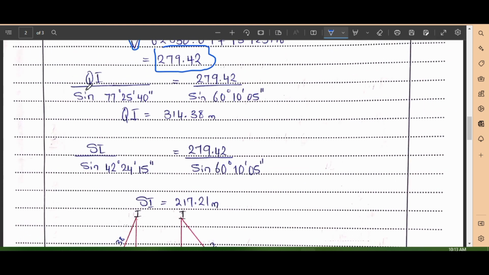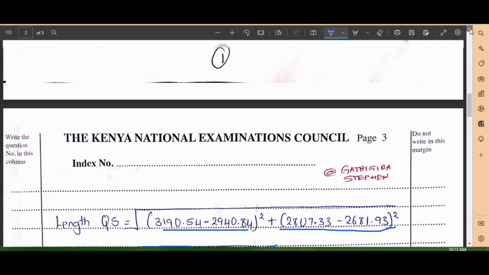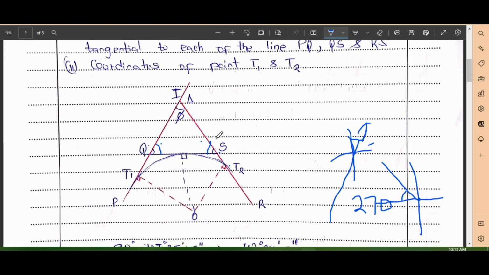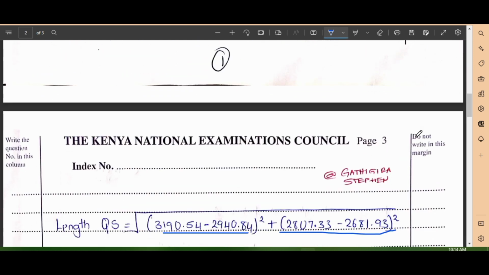So QI, so Q to intersection, over sin of the angle that I had gotten there, so sin 77 degrees 25 minutes 40 seconds. So I had done an example of this, so you compare the value that you want by the opposite of it. So here the angle of Q by the opposite of it will be compared to the value that we have here by the opposite of it that we have calculated there.